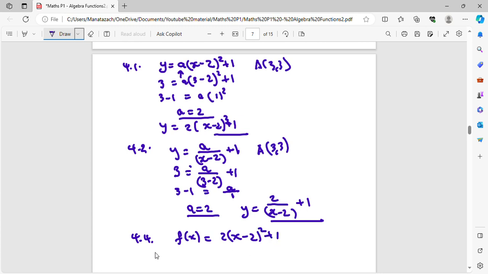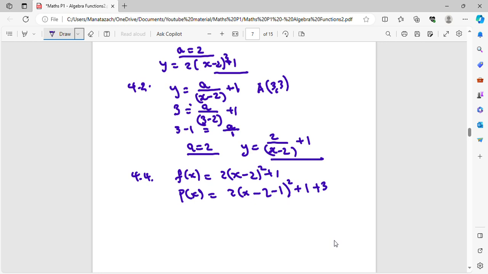If we shift the graph to the right by 1 unit, you need to subtract 1 from x, and then if we're shifting the graph up by 3 units, you need to add 3. Okay, so this is the graph for p of x.